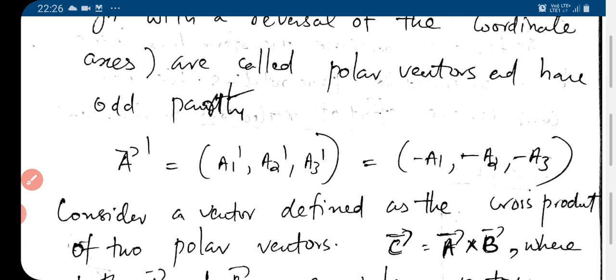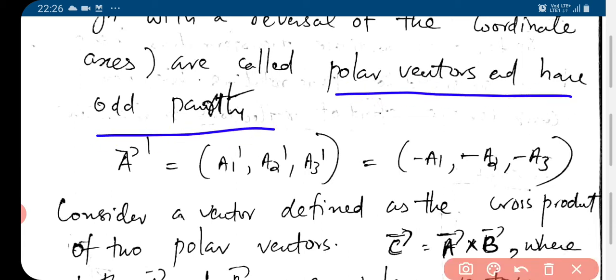Such quantities are called polar vectors, and they have odd parity. So for vector A prime in the inverted coordinate system, the components A1 prime, A2 prime, A3 prime are minus A1, minus A2, minus A3, and it is a polar vector.